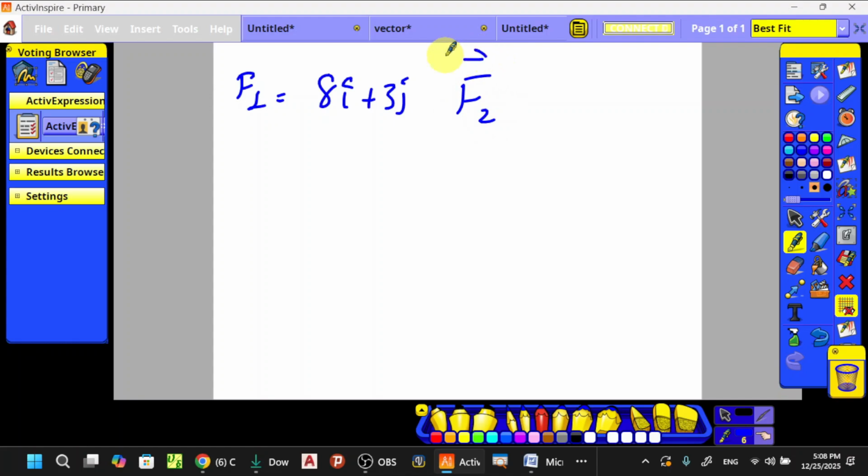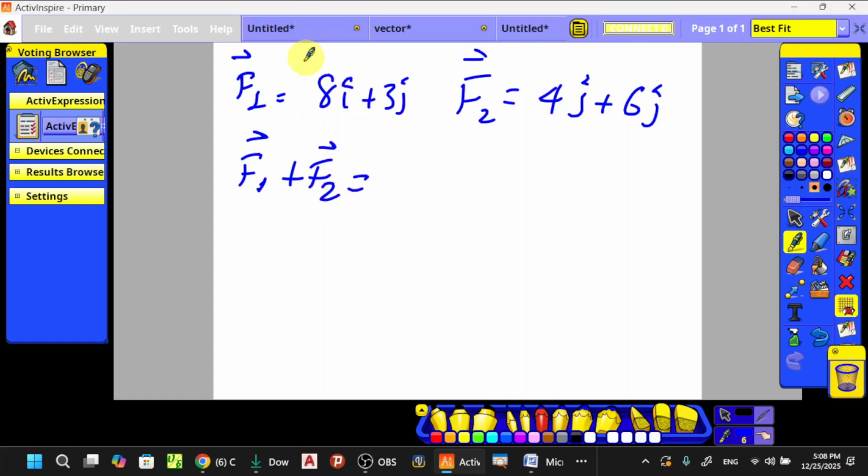Force F2 is equal to 4i plus 6j. So the resultant force F1 plus F2 is equal to: add the x component, the i component, 8 plus 4, 12 in the i, plus add the j component, 3 plus 6, that's 9j.